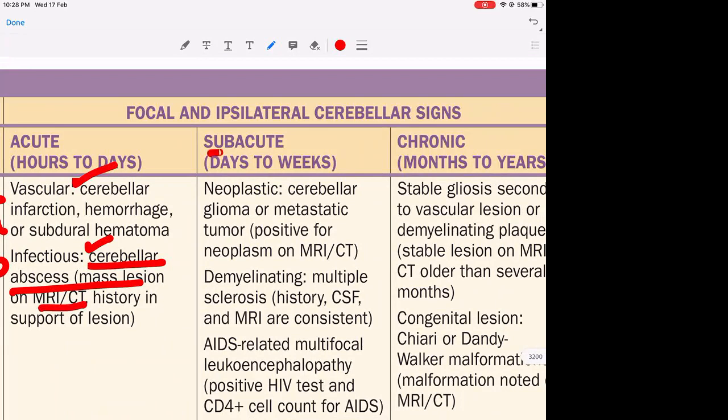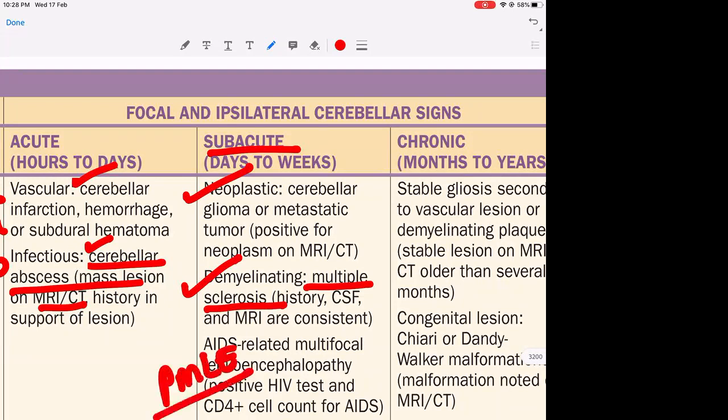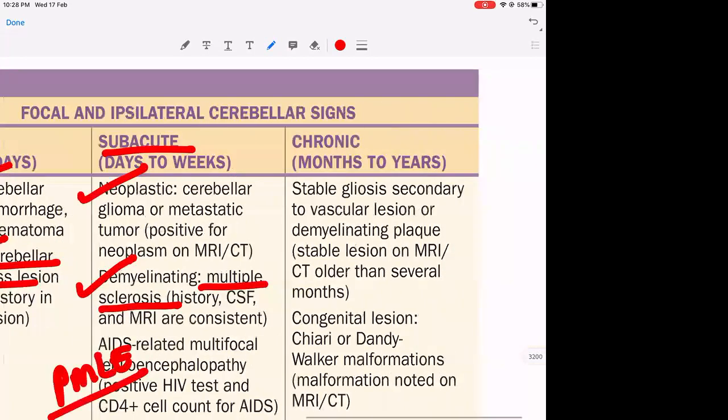If the patient is having subacute symptoms and it is focal, means affecting unilaterally or isolated lesions, then you'll suspect neoplastic lesions, sometimes demyelinating lesions like multiple sclerosis. It can be bilateral also, but it can be focal and ipsilateral also in multiple sclerosis. And PML also can cause isolated or focal or ipsilateral cerebellar signs.